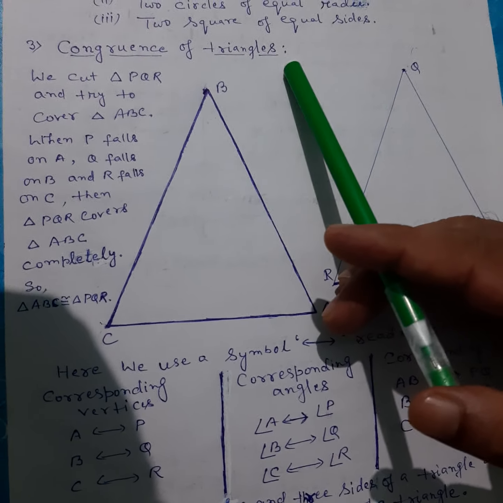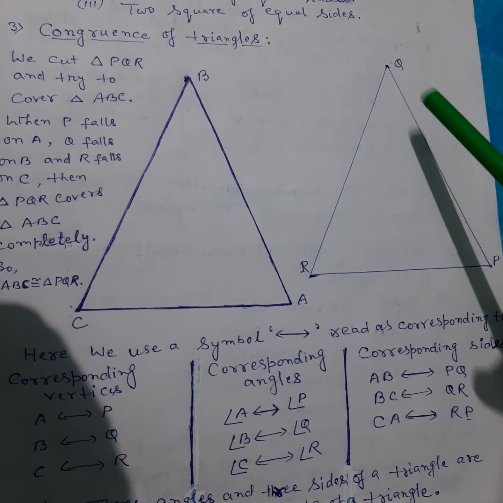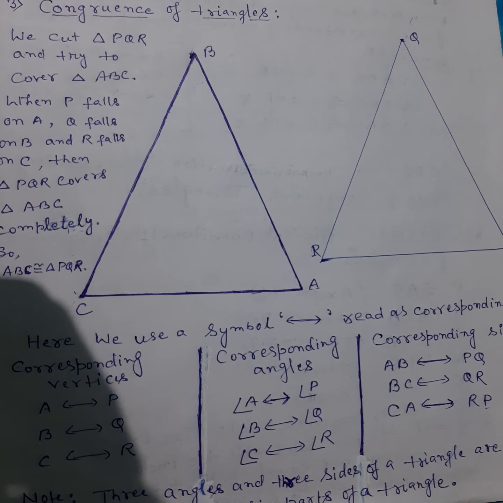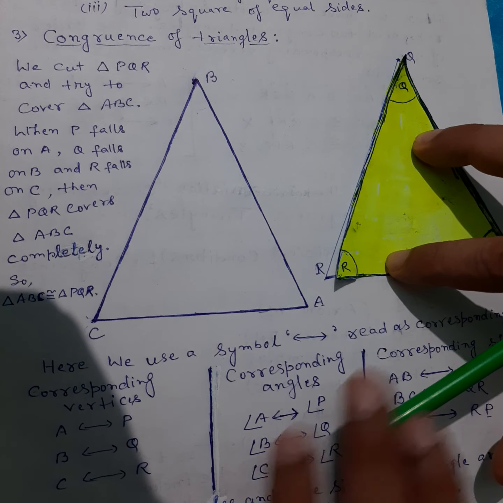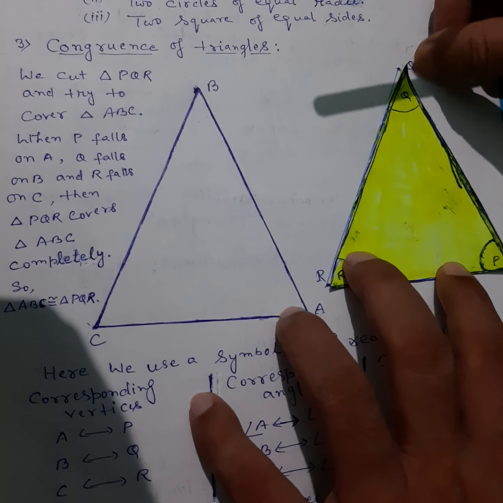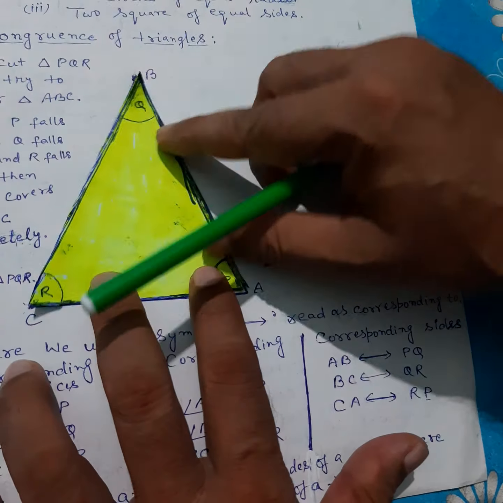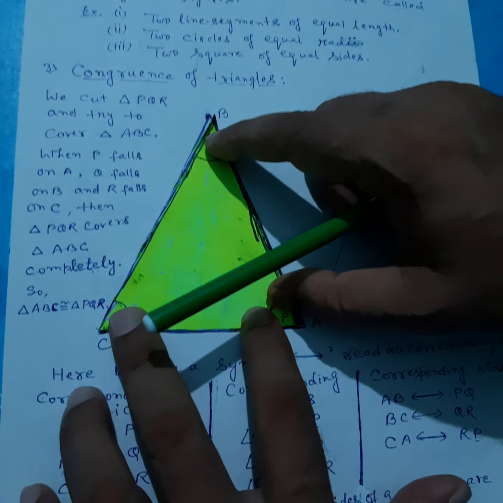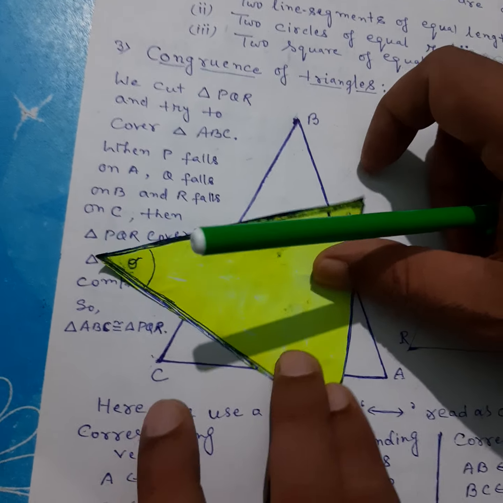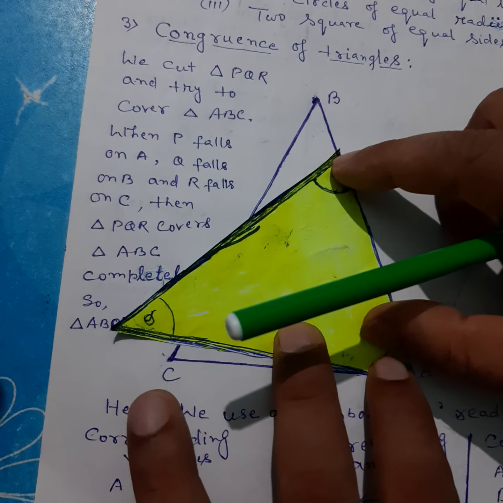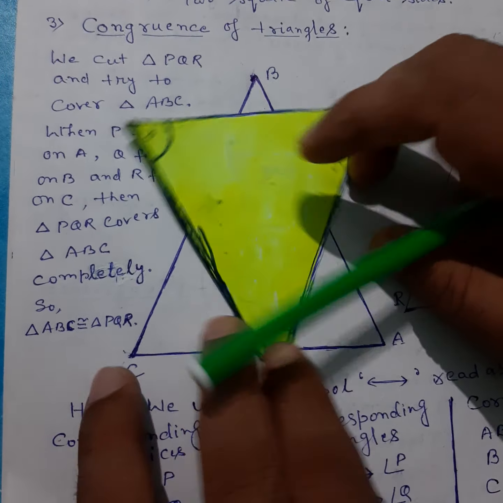To verify it, we take two triangles, ABC and PQR. Here we cut triangle PQR from our paper and try to put it upon the other triangle. We try in different ways, but there is only one condition when they cover each other completely.